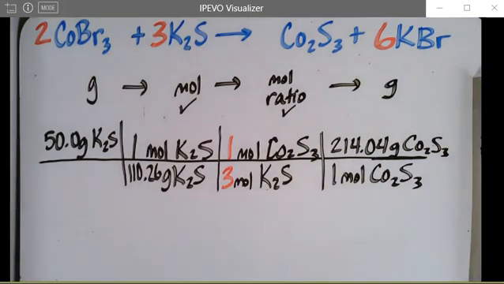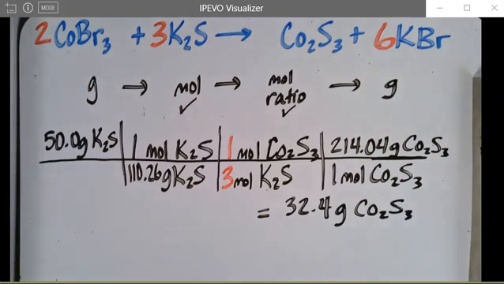Now go ahead and plug all of these numbers into your calculator to solve and record your answer in significant digits along with the units and the label of the substance. Did you get 32.4 grams of cobalt-3 sulfide? Hopefully you did. And are you able to determine what this quantity represents? Is it the actual yield or the theoretical yield? If you guess theoretical yield, you are correct.